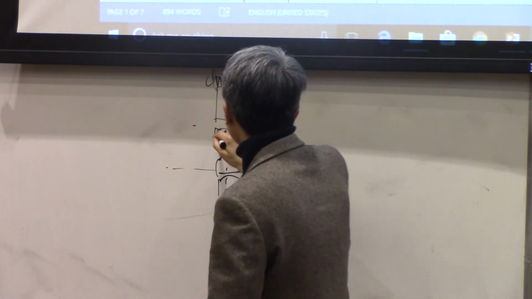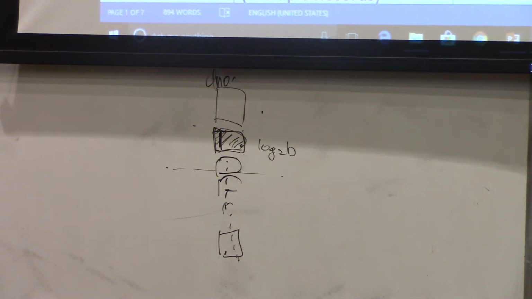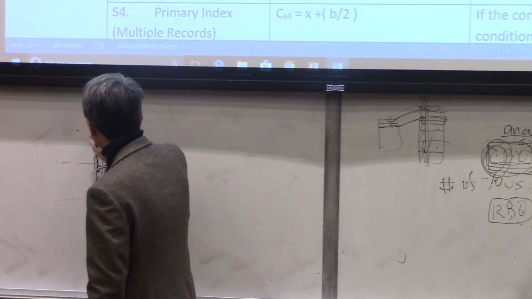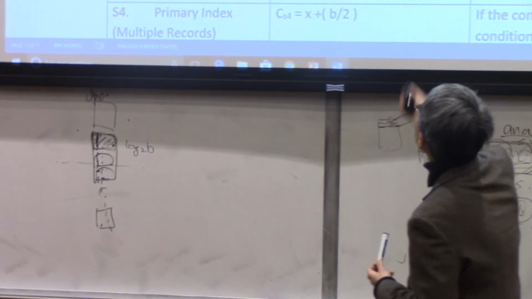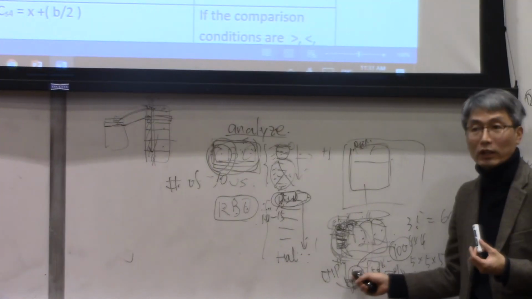I'd like to read the 1. In this case, it's equality: DNO is equal to 1. So we found DNO equal to 1, and this is 1, this is 1, 1, 1, 1, 1, 1, 1, 1. How many blocks? 3 blocks, for example. So 3 blocks, that is the S, the selection cardinality. Selection cardinality is how many tuples for each value.